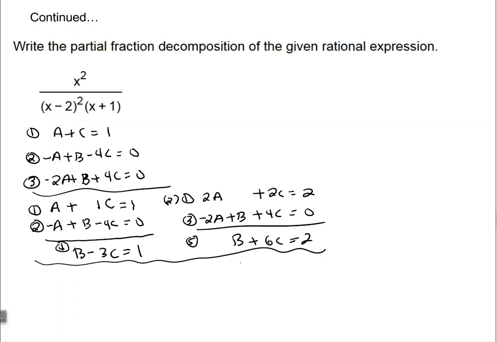So if I want to eliminate B, I'm going to multiply equation 4 by negative 1 because both of them have the coefficient of 1, but I need one of them to be negative 1. So I'm multiplying equation 4 by negative 1.